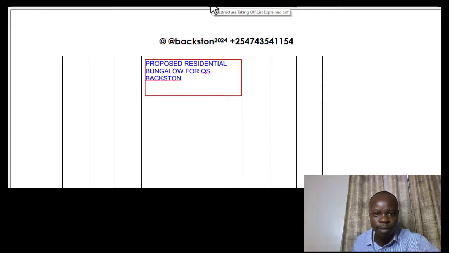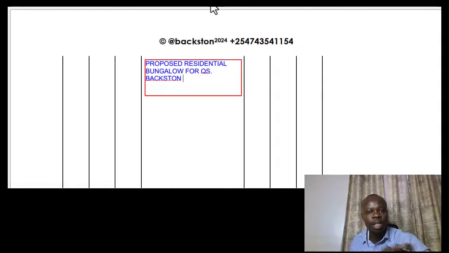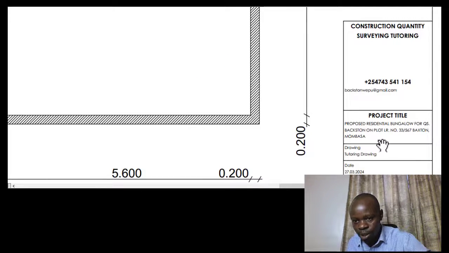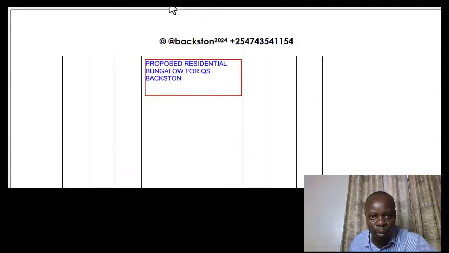That is just the basis of the few details that you need to find when identifying that particular project. For QS Buxton on plot number, of course, now that is the actual location where that development is situated.